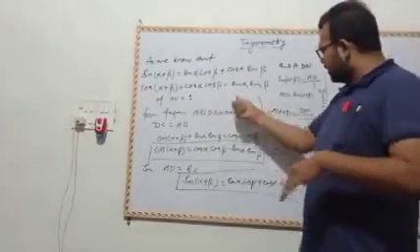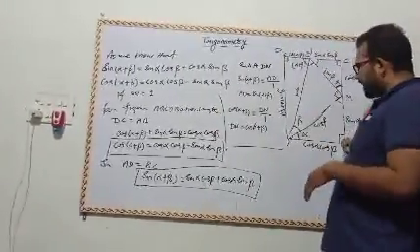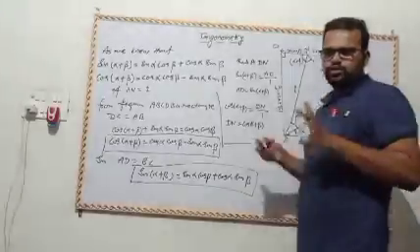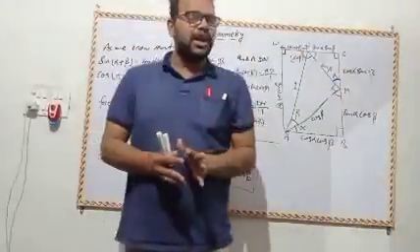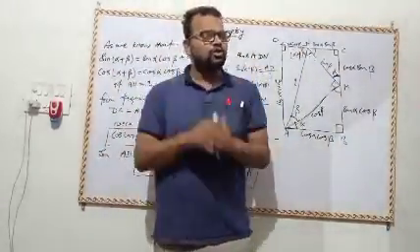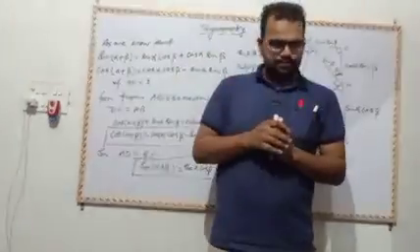It is very easy to prove. We will make a rectangle and solve it. So please revise it. In my next videos I will explain how to get the value of tan(alpha plus beta).